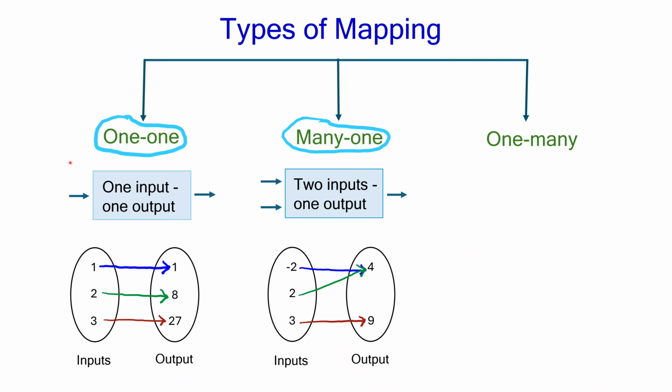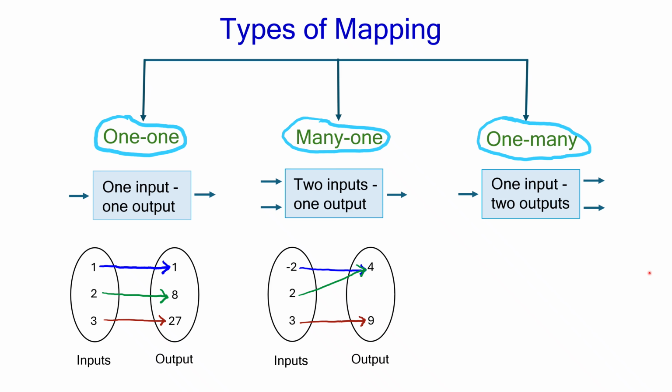And the third type of mapping is one-many. An example of one-many is one input, many outputs. A tree, for example. If there is one tree, the tree has many fruits. So the tree is the input and the fruits, more than one fruit, are the output. Similarly, one teacher in a class, but there are many students in the same class. Now again, we will consider the same concept with the help of numbers.